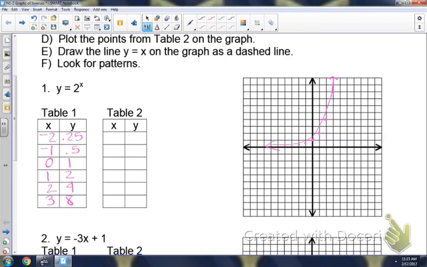Now we're going to flip the x and y, or switch the x and y coordinates, and put them in table 2. So 0.25, -2; 0.5, -1; 1, 0; 2, 1; 4, 2; and 8, 3.